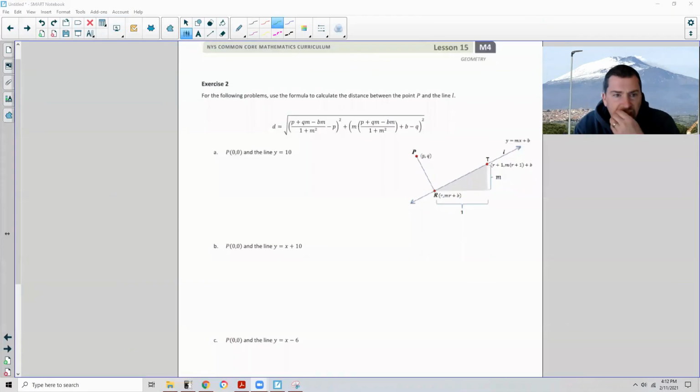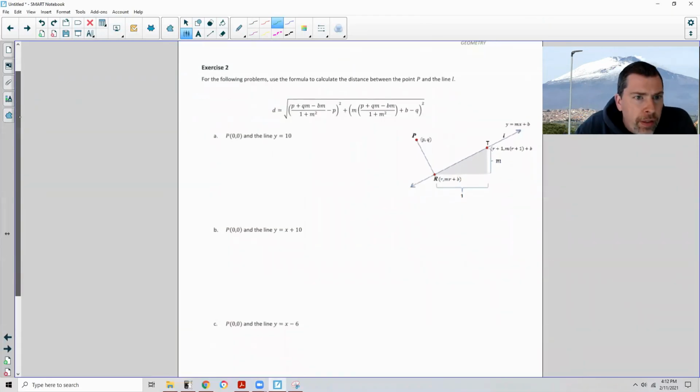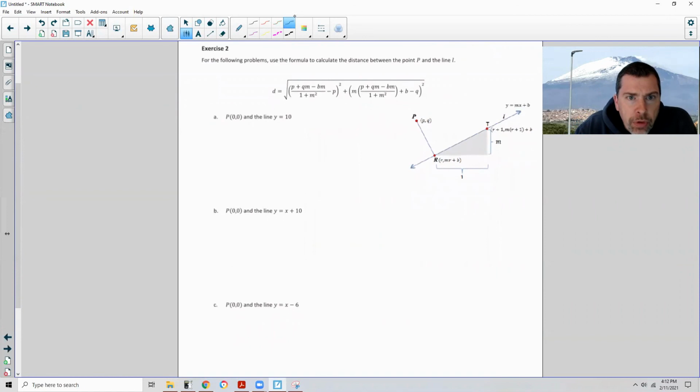Okay, page 2 brings us to exercise 2. It's going to be a little bit of a challenge, so be patient with me. I am not going to derive this formula. I've decided not to derive it here, but I am going to explain it using this diagram. So if we have a line and we call it y equals mx plus b, and this is the point not on the line, and we call the point p, comma, q.